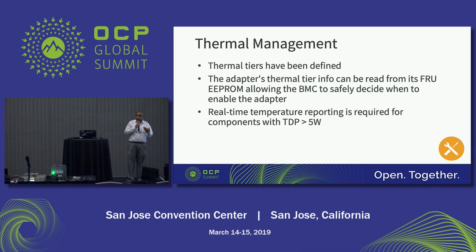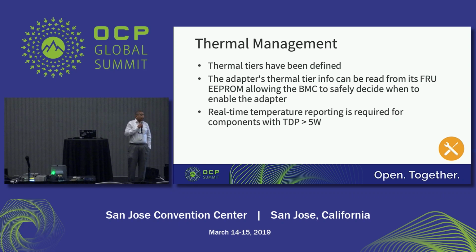This allows a system vendor to have this knowledge about a given card, and when they enable that, they can know the needs of that device, as well as the ability to meet its cooling requirement and manage its thermal envelope within that tier. So that's the discovery and basic definition of the card's thermal tier.